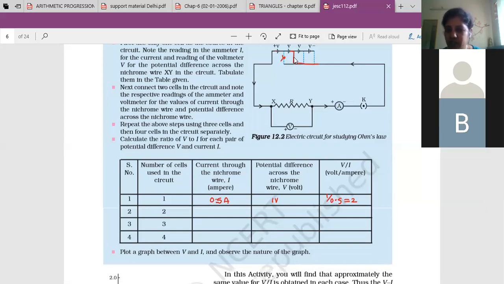Suppose it is 1 volt initially. Two cells of 1 volt have been connected, then it is 2 volt. If this is 2 volt, then the ammeter reading will approximately come as 1 ampere. So it will be 2 by 1, and this value will also be equal to 1. Are you able to understand this part?